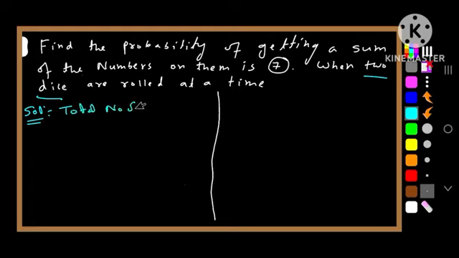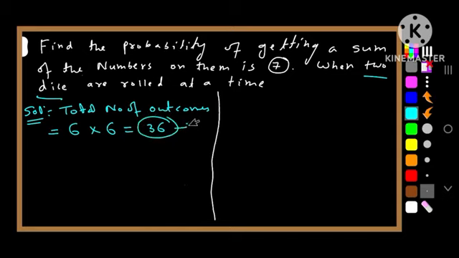The total number of outcomes is 6 into 6. Why 6 into 6? Because there are two dice. So 6 into 6 is the total number of outcomes. Now let E be the event.